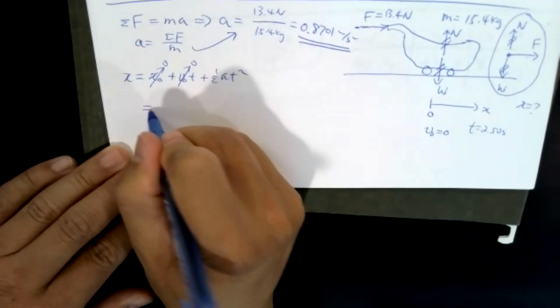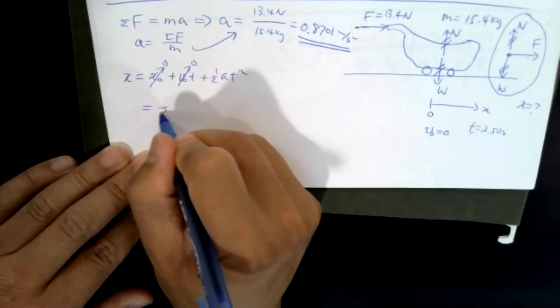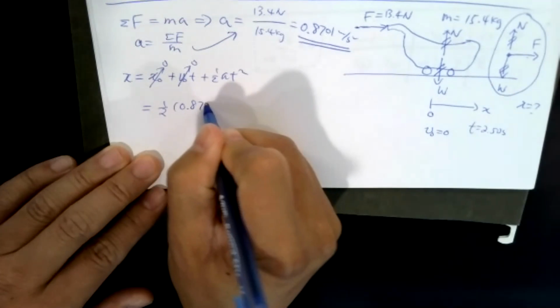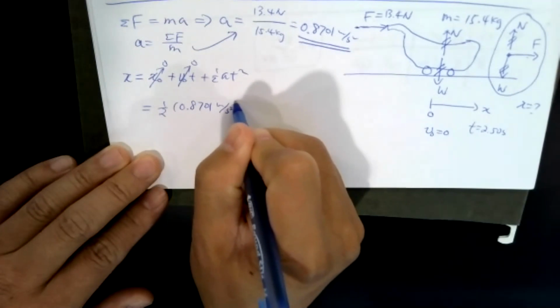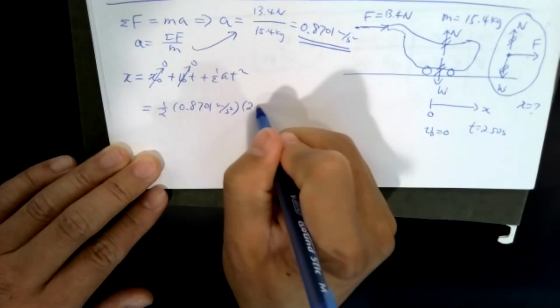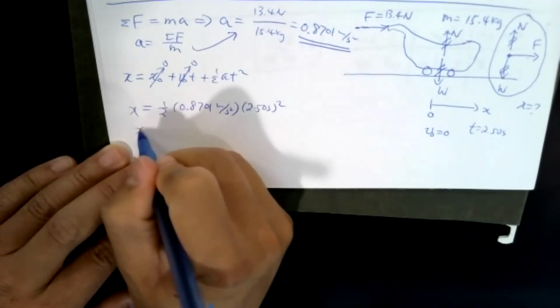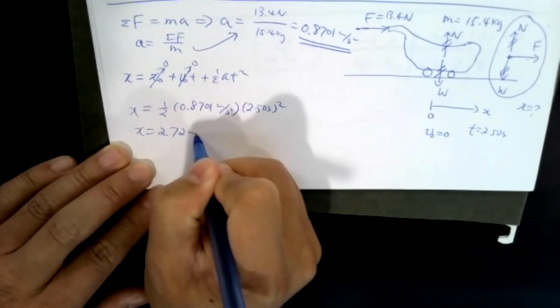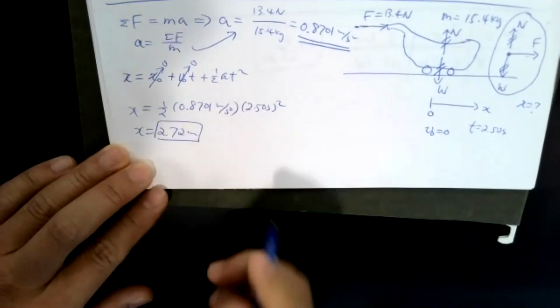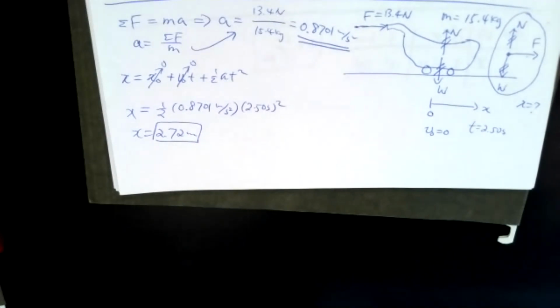Then this is equal to 1/2 of 0.8701 times 2.50 seconds squared. So then x is roughly 2.72 meters. That's how far the cart will move.